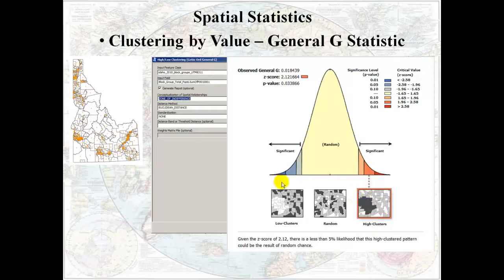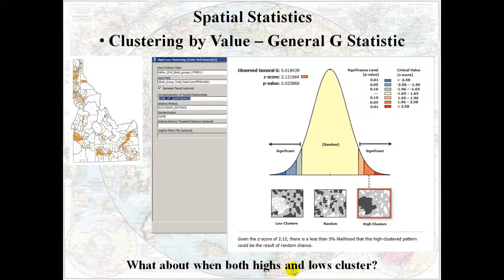If we had low values clustered together, they would be out here. And you can imagine that working in the census, because they don't want to create census block groups where they don't have to. So if anything, the block groups will have on the higher end of the numbers of people than the lower end. So we would expect high values to cluster together where there are a lot of people.